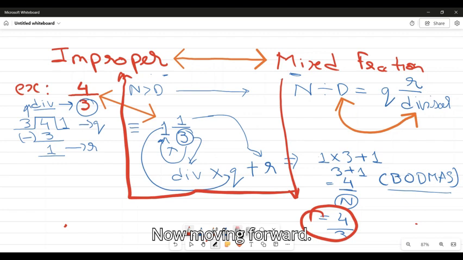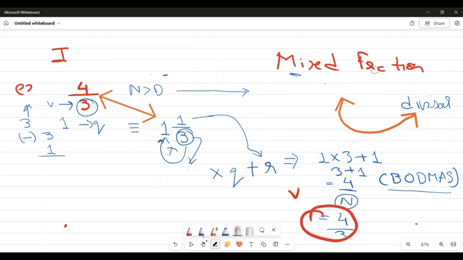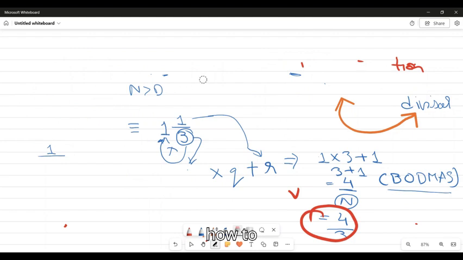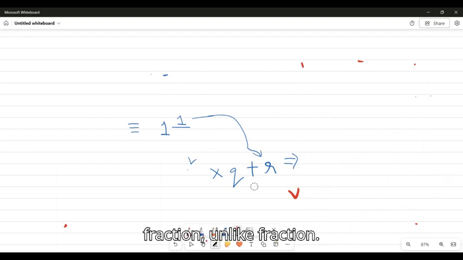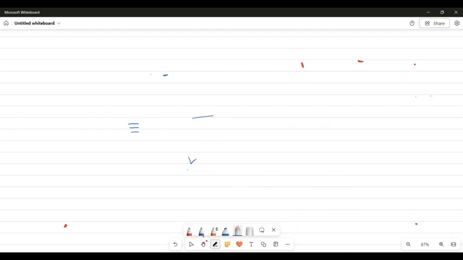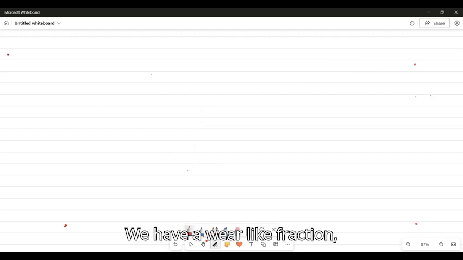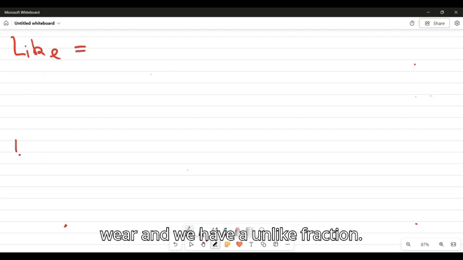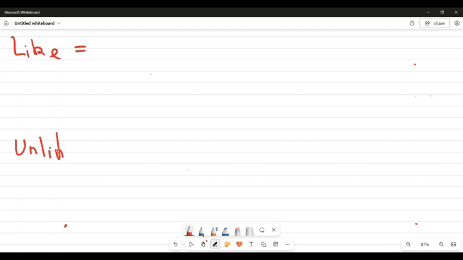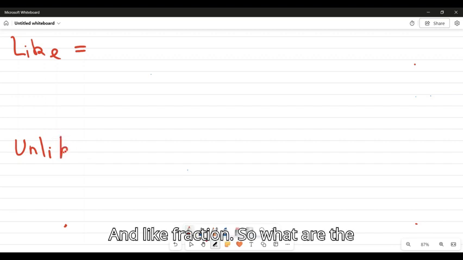Now moving forward, we'll see how to understand the classification of like fraction and unlike fraction. We have over here like fraction, and here unlike fraction.